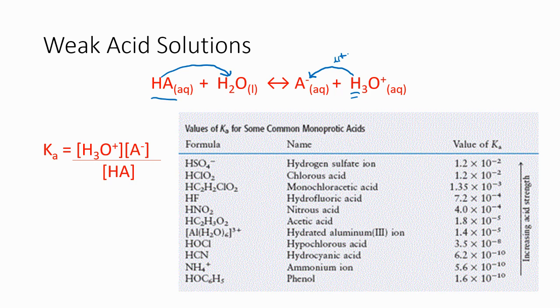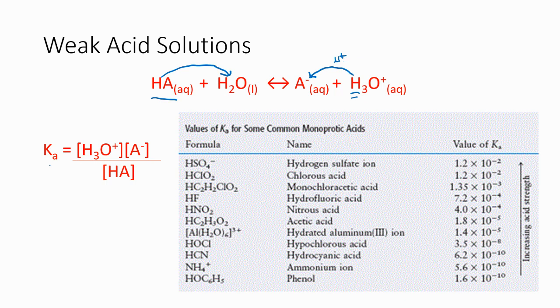And just like we learned in the last unit, an equilibrium equation can give rise to an equilibrium expression, and I've written one here for this generic reaction. It says Ka equals the concentration of H3O plus times the concentration of A minus over the concentration of HA. A few things we should note.